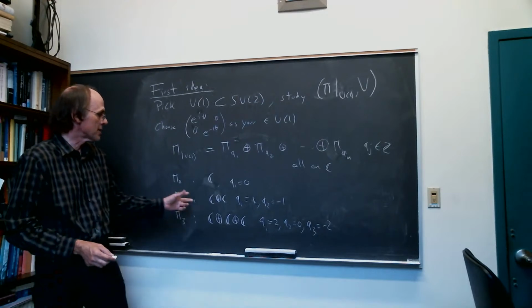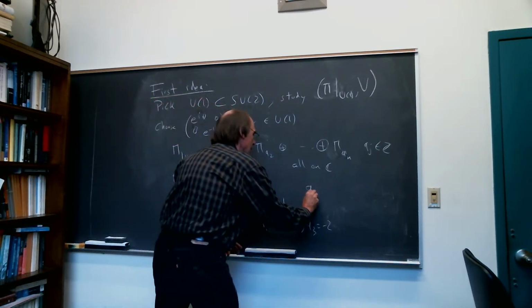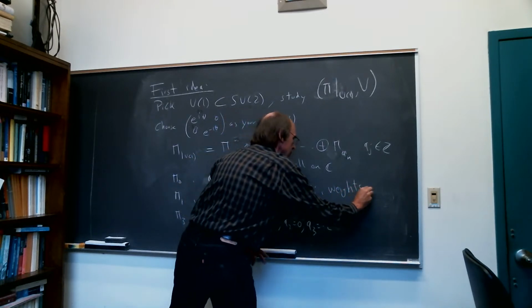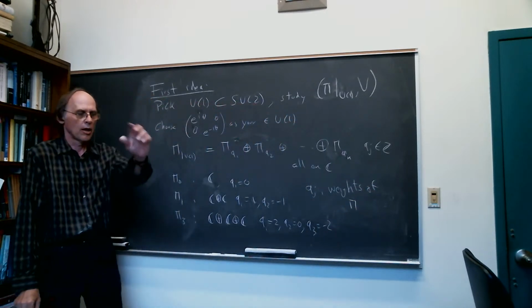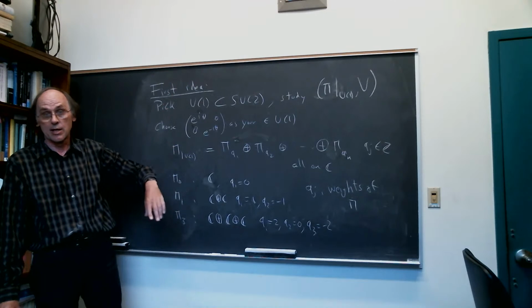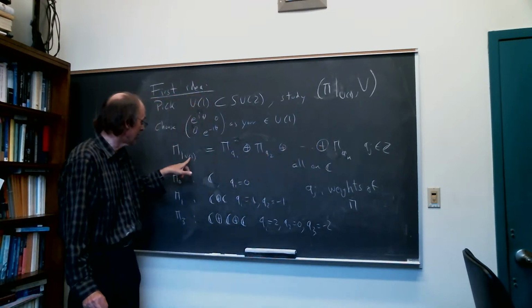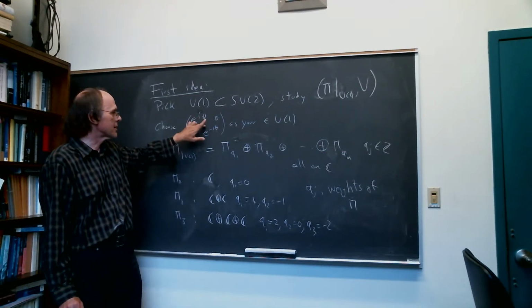So the QJ are called the weights. Whenever we talk about a representation as having certain weights, it's just the integers that appear in this decomposition according to this thing that we picked.